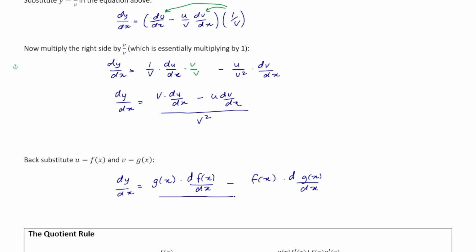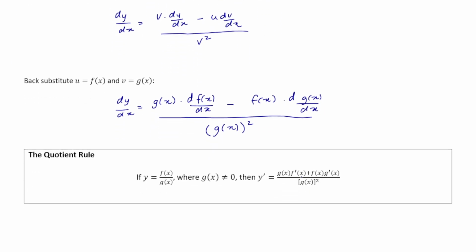All of that is all over the denominator function, now all squared. And we can see that rule right here. Just one correction that needs to be made. This should be a minus right there.